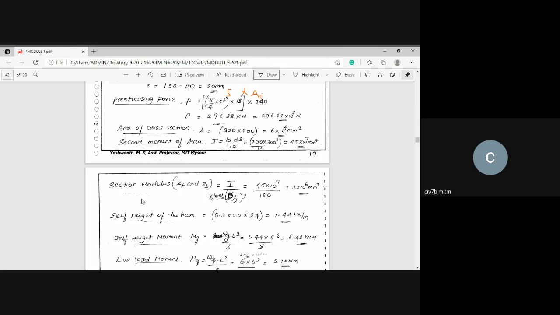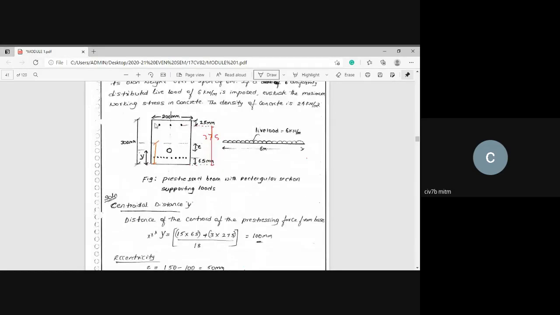Fine. Next, sectional modulus. That is Z. So here I have written ZT and ZB as same. Why? Because in the rectangular section, the sectional modulus will be same. Why?